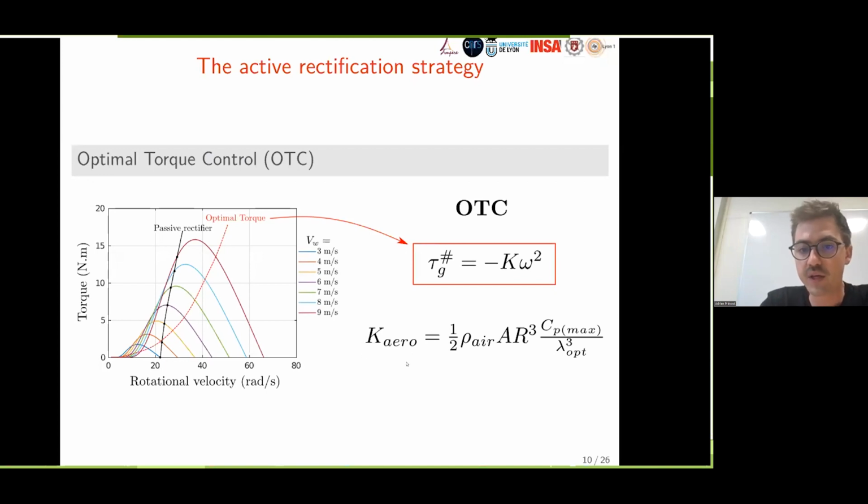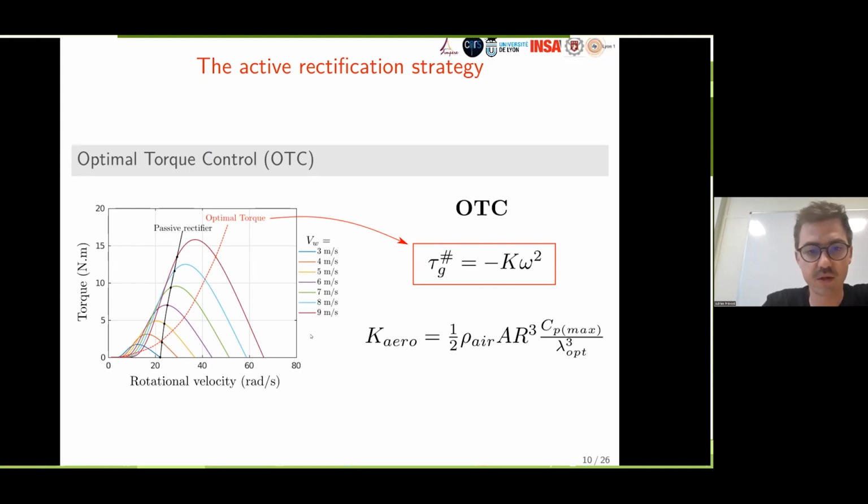And the torque gain K here can be the theoretical aerodynamic optimal torque gain, which can be calculated with the maximum CP and the optimal lambda, and also the swept area and the rotor radius.